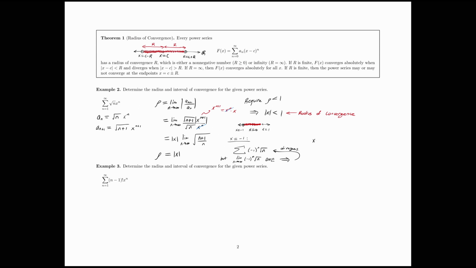We need to now do the right endpoint. So when x is equal to +1, we obtain the series of root n. And the limit as n goes to infinity of root n is equal to infinity, which is not 0. Therefore, this series diverges by the divergence test. So again, we'll exclude that right endpoint.